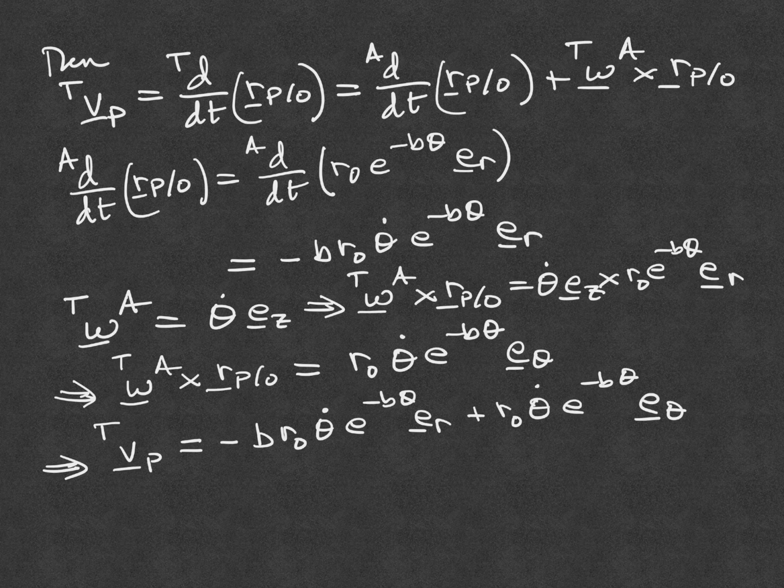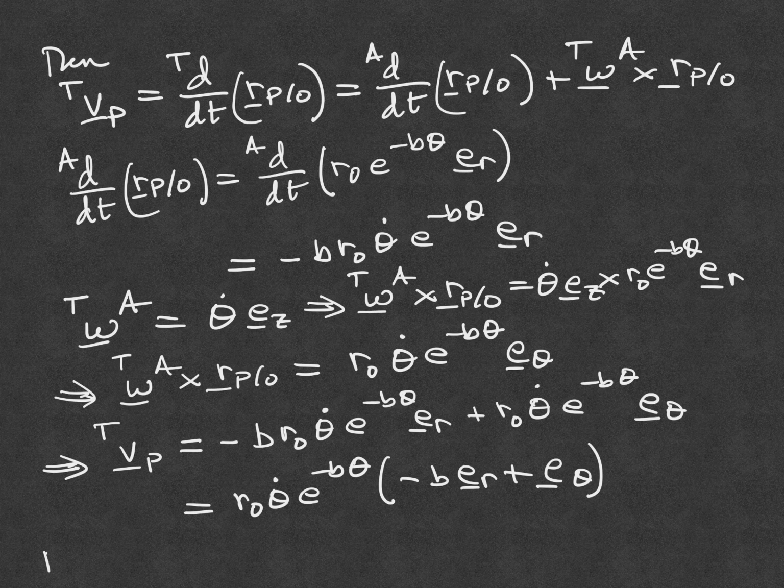Now you can see that in this expression, r0 times theta dot e to the minus b theta factors out of both of these terms. So I get r0 theta dot e to the minus b theta times minus b er plus e theta. So that actually helps a lot, because now I can compute the speed and I can get the tangent vector.